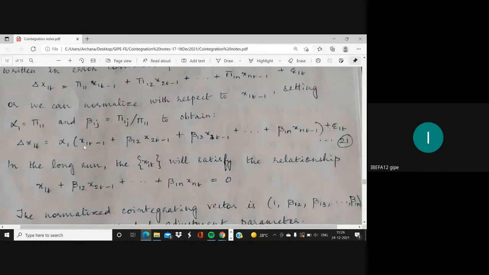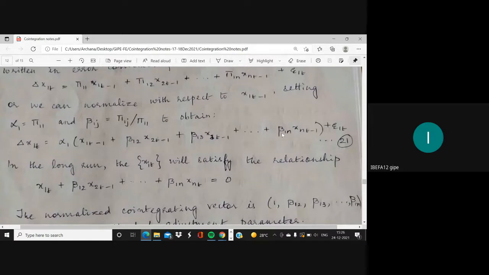Beta 1 1 is basically equal to 1, since beta 1 1 is nothing but pi 1 1 by pi 1 1. So that's why we simply have x1t minus 1. Then beta 1 2 is nothing but pi 1j; since we are looking at the second column of the matrix, it will be pi 1 2 divided by pi 1 1. This is beta 1 2.